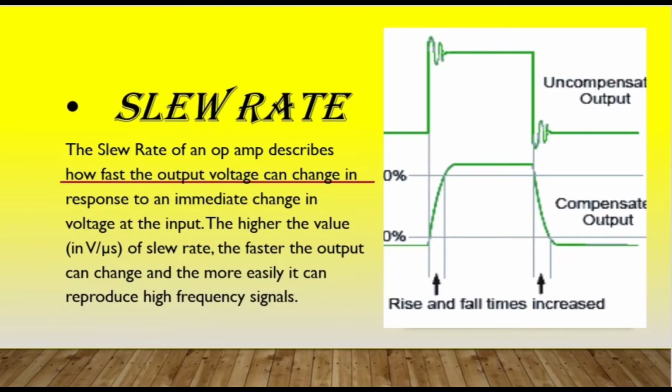Slew rate is measured by applying a large signal step such as 1 volt to the input of the operational amplifier and measuring the rate of change from 10% to 90% of the output signal amplitude.